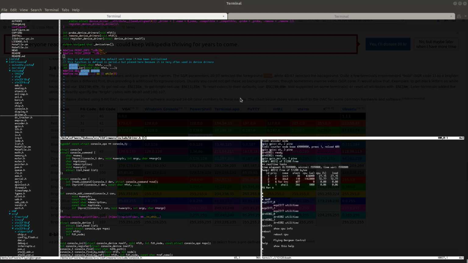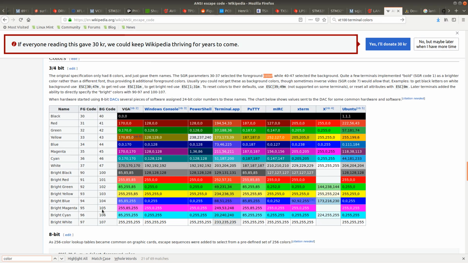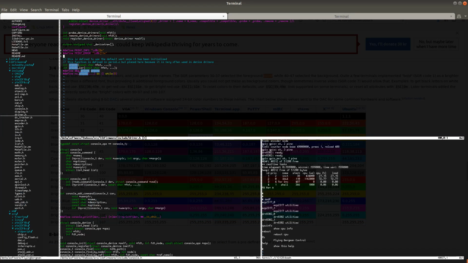And print. What else could I use here? White, red, green, 32. Yeah, for now it's just enough to have info and error.